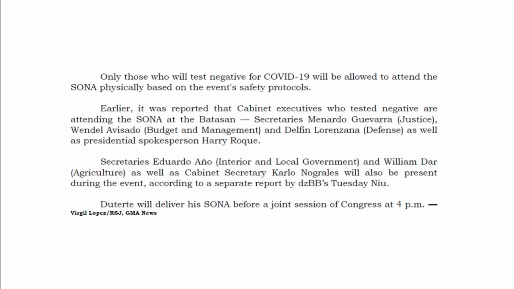Secretaries Eduardo Año of Interior and Local Government and William Dar of Agriculture, as well as Cabinet Secretary Carlo Nograles, will also be present during the event, according to a separate report by DZBB's Tuesday New.